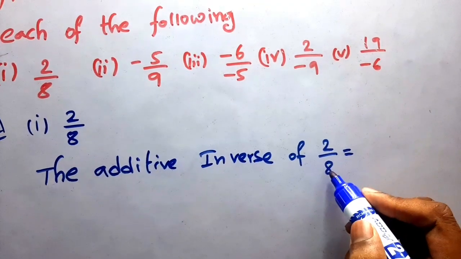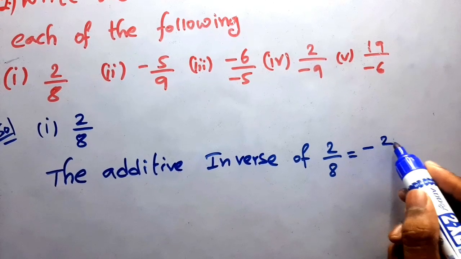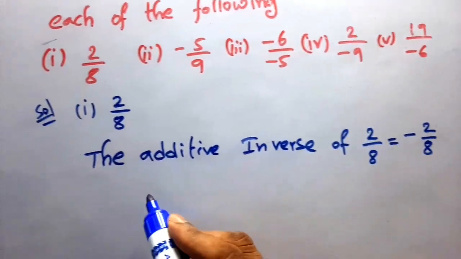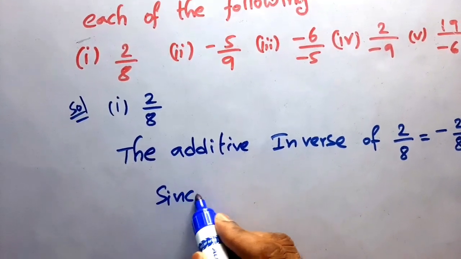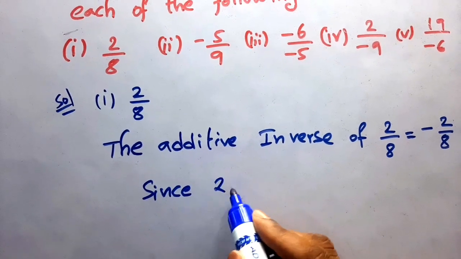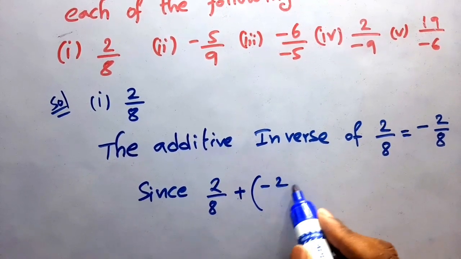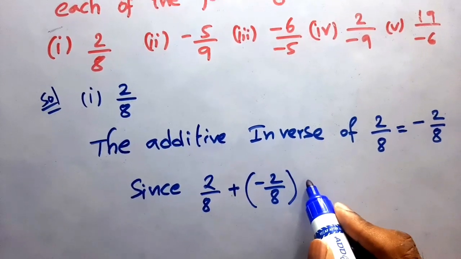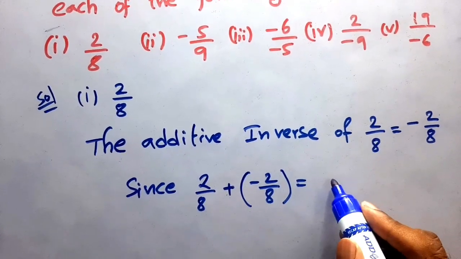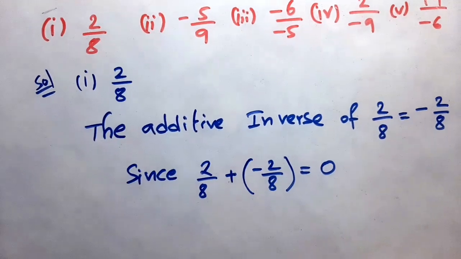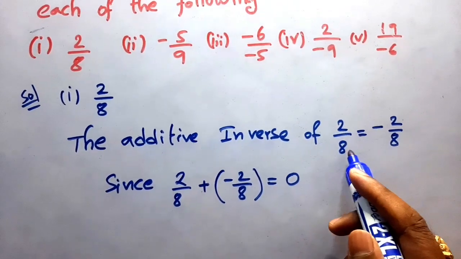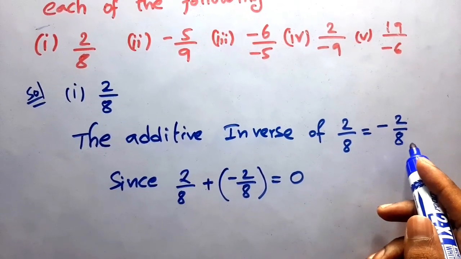Here plus 2 by 8 is there, so we can write minus 2 by 8. Why? Because 2 by 8 plus minus 2 by 8, the sum value is 0. So that's why the inverse of 2 by 8 is minus 2 by 8.